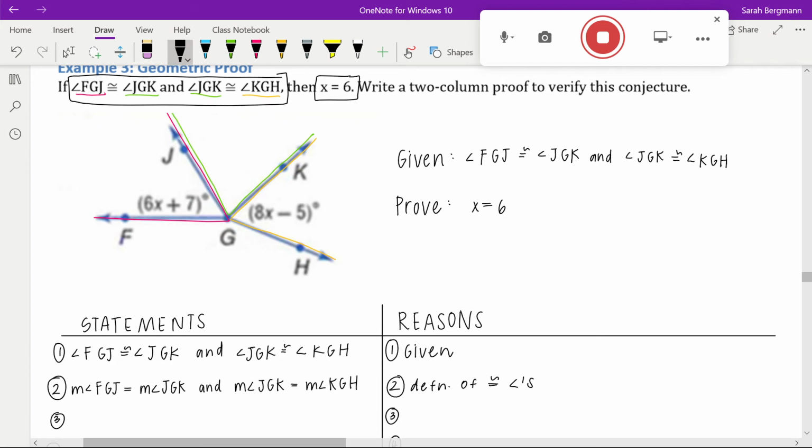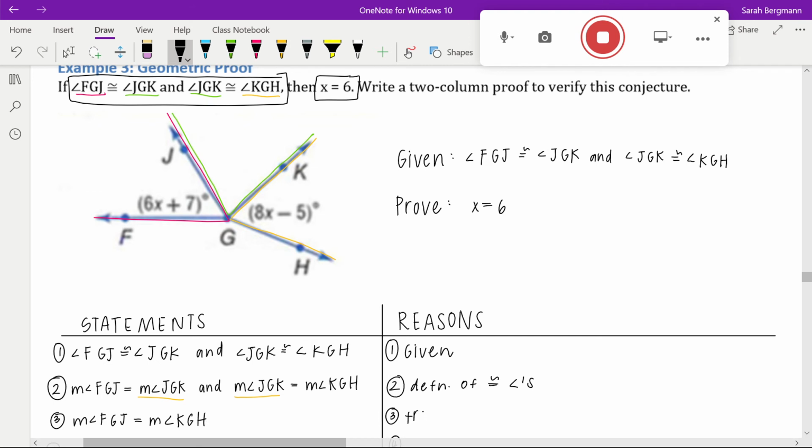Now that I have these angles with the same measure, I have angle JGK in the middle lining up together, so I can use the transitive property of equality to say that the measure of angle FGJ must be equal to the measure of angle KGH.